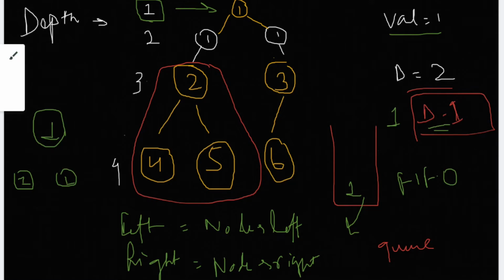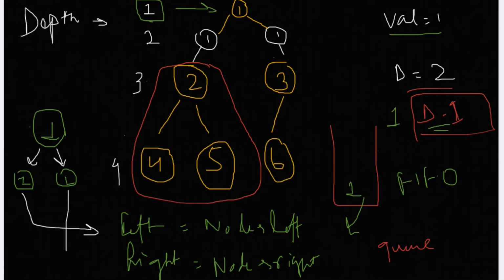So this will look something like this now, and what I can do is make my new left node's left pointer point towards my given left pointer, and make my new right node's right pointer point towards my right pointer.